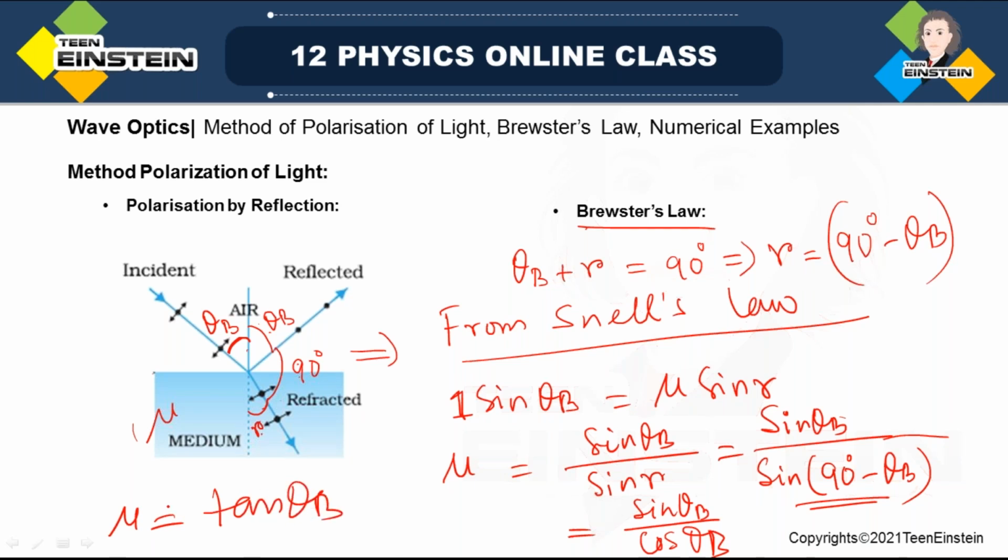So you can see there is a relation between the refractive index and Brewster's angle. This is why the reflected ray and refracted ray cannot be perpendicular to each other for any arbitrary angle of incidence, because it depends on mu, the refractive index of the second medium.